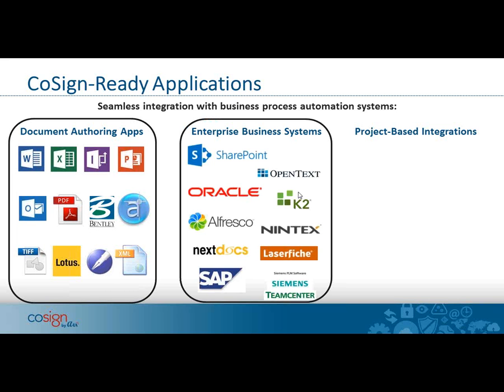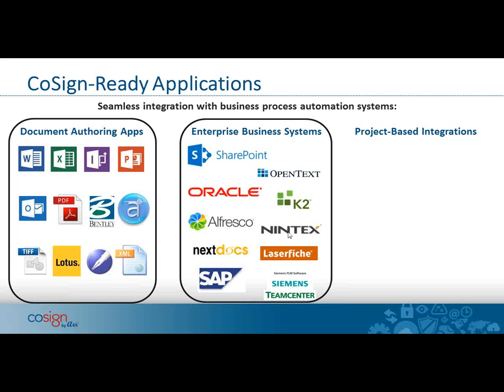For folks that have enterprise content management systems, we do have a variety of best-of-breed connectors for them so that you can be working directly within that ECM system, whether it's web-based or not, but things like SharePoint or OpenText, Content Server or eDocs from OpenText. Oracle has Web Center content.